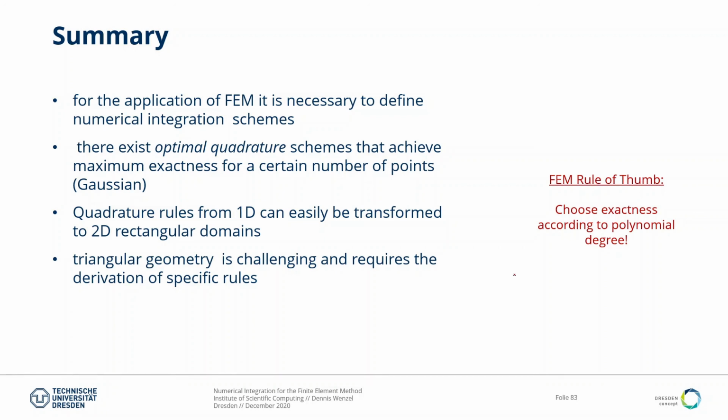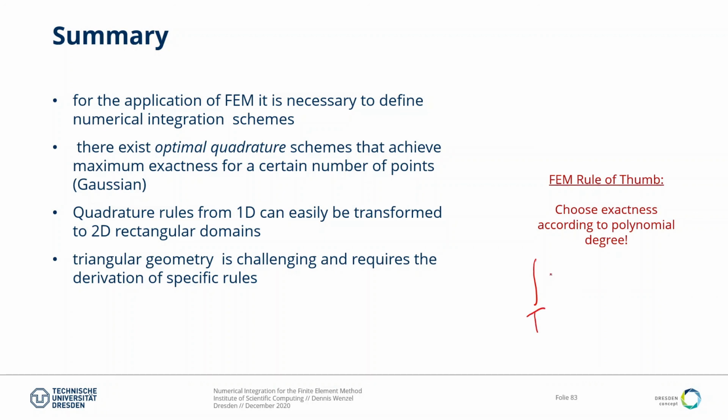Why? That's simple. You can simply say that whenever you, let's say, choose a space of piecewise linear functions, then locally every one of those functions is linear.